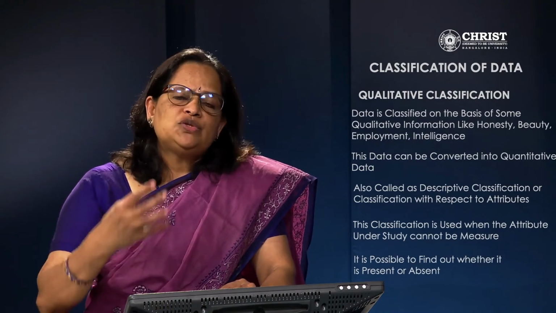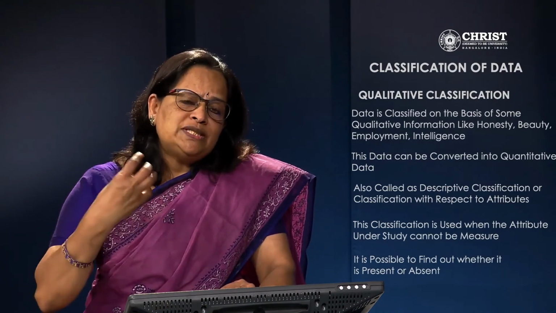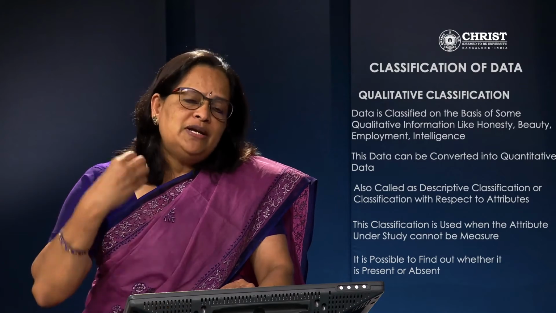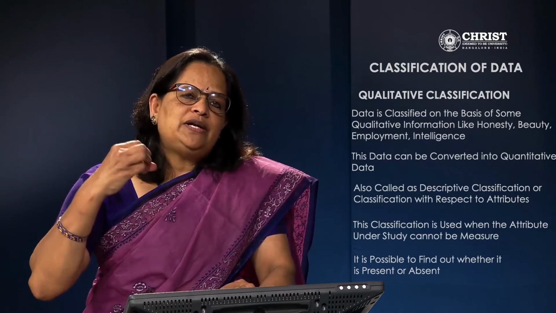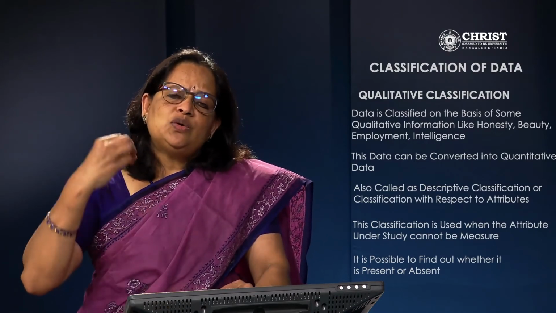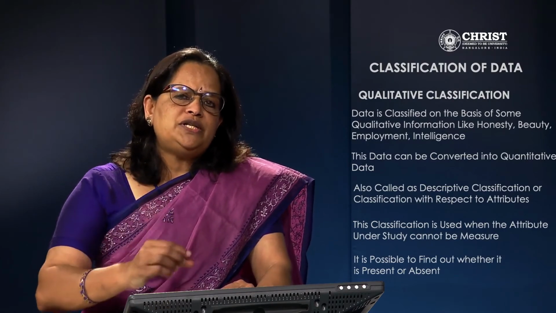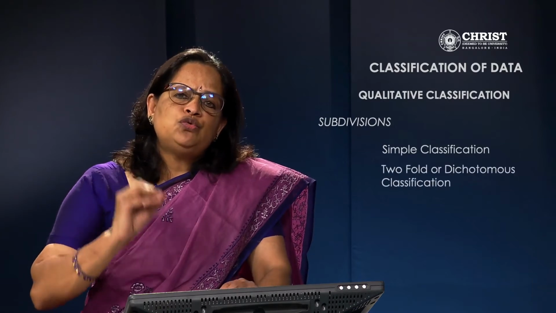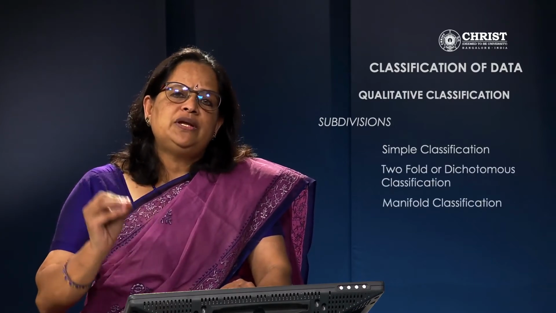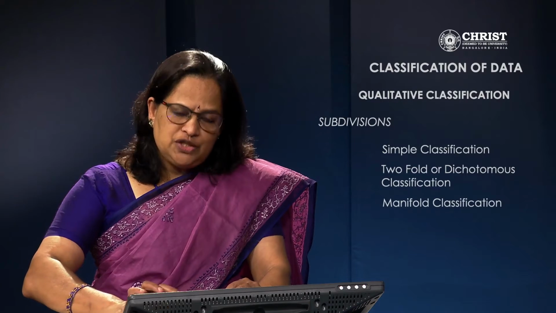Yes or no? That is the answer we will get. How satisfied are you? Somewhat satisfied, dissatisfied, not satisfied. All these we can measure, and later we will convert them into quantitative terms. Now there are three subdivisions for this: simple classification, twofold or dichotomous classification, and manifold classification.